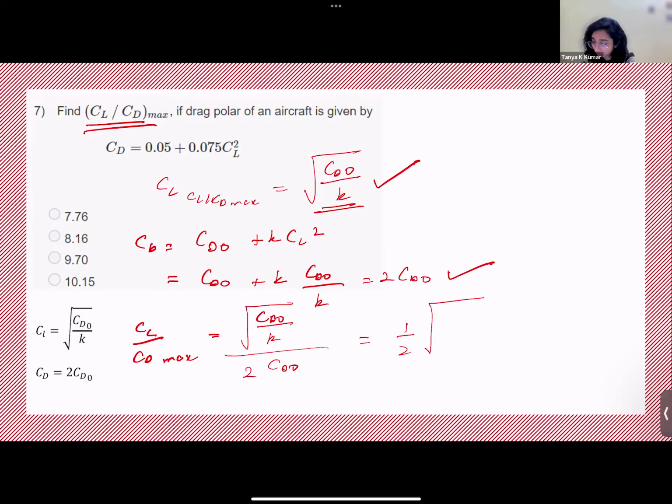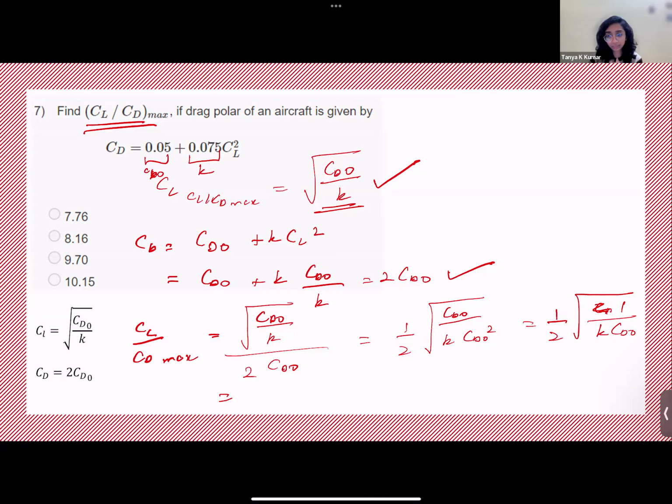If you take it inside the square root, you get CD naught by K CD naught square. And then you get 1 by 2, 1 by K CD naught. And this is CD naught and this is K. Correct? Just substitute the values and you will get it. Is this okay?